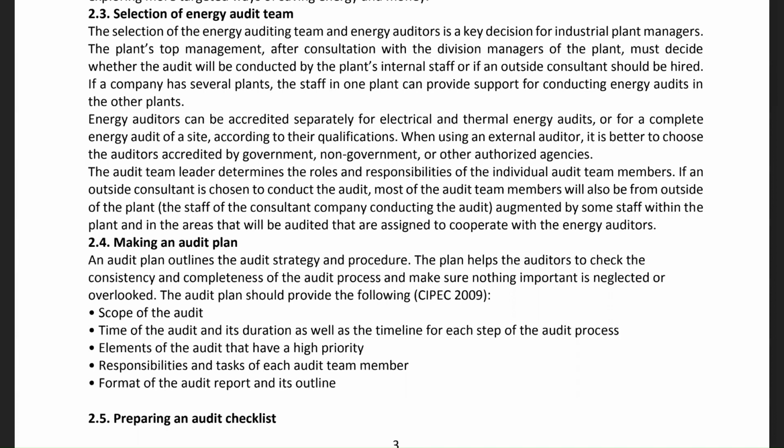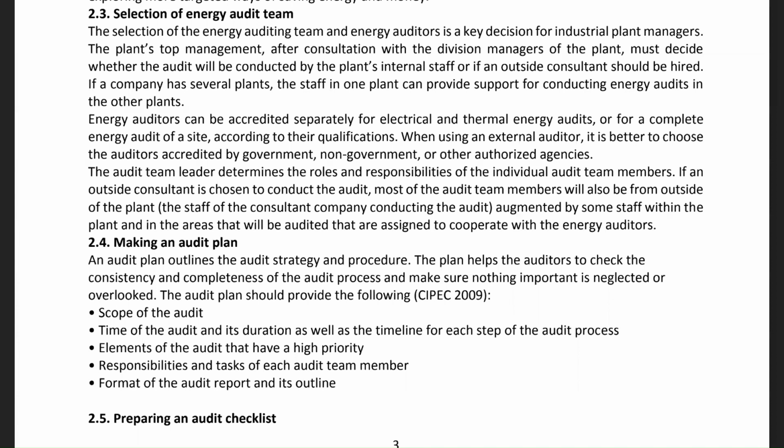For example, if we take the advantage of hiring the internal team, if any works manager is hired and given the responsibility, and he is free to select his team of 3 or 4 members, he can select some electrical person for electrical energy audit, some mechanical or chemical person for thermal energy audit, and some other technicians or supervisors of different departments, who can guide them about the number of machines installed and used, and what rating they have, and so on.